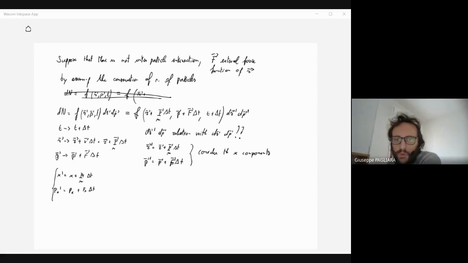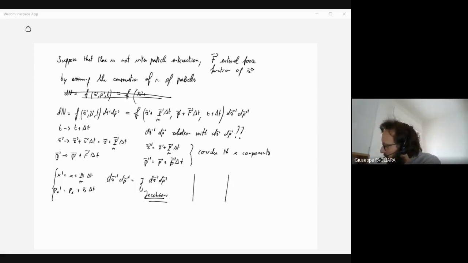Now what I have to do is compute the Jacobian. So dr prime dp prime in general is the Jacobian times dr dp, because I'm changing variables. For the case of just x, one can also do the calculation in 3 plus 3 dimensions, but let us consider just this case because it's easier.